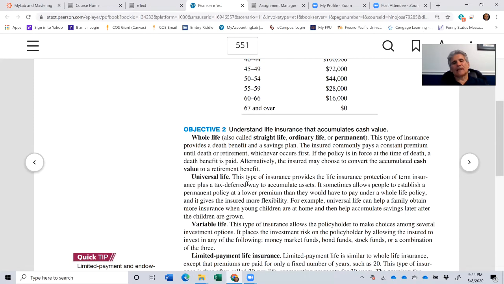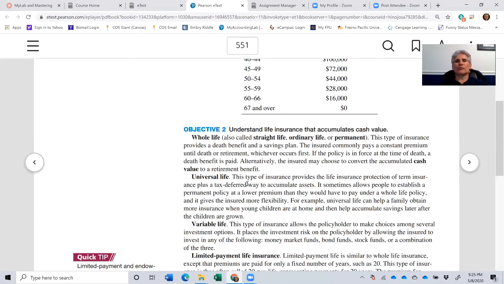Having said that, if you do buy whole life insurance and universal life, then what I'm also going to suggest is you ride this out, because it only works for you if you hold on to it. If you die young, then it certainly would be worth it.